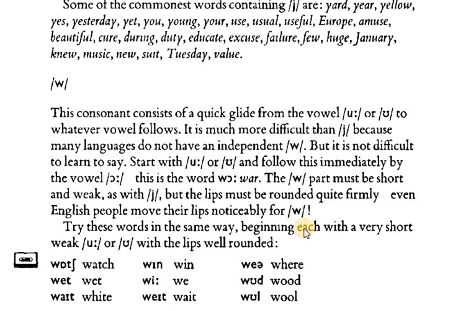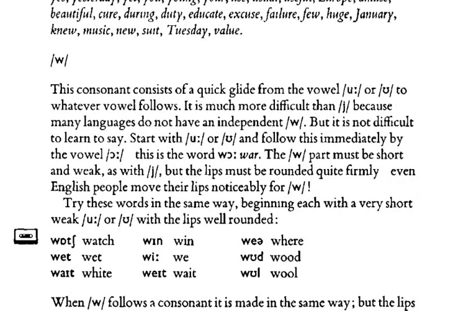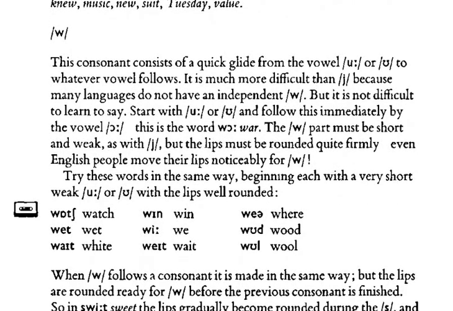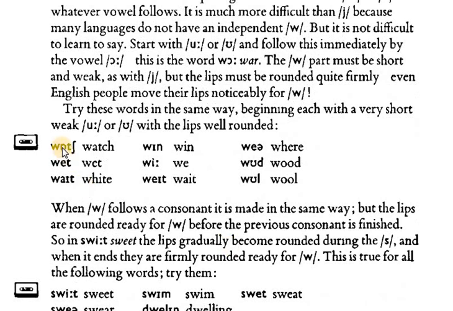Try these words in the same way, beginning each with a very short, weak u or u with the lips well rounded, with a quick glide towards the vowel that follows. The words: watch, wet, white, when, we, wait, were, would, and more.